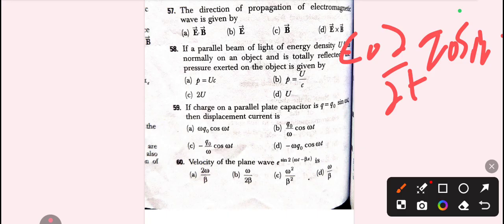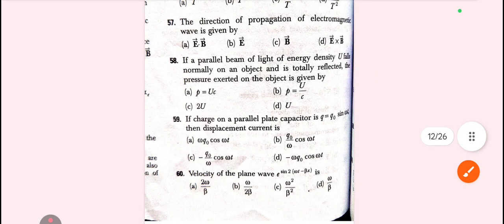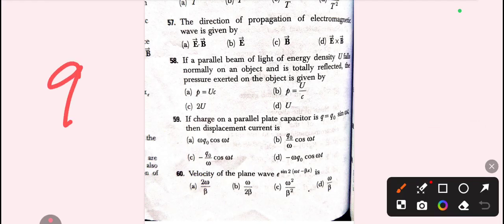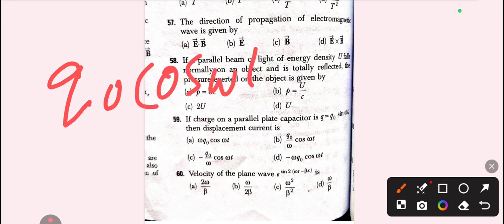Then 1 over epsilon naught cancels out. Then we have Q naught, and the derivative of sine omega t is cos omega t into omega. The right answer is omega Q naught cos of omega t. Right answer is A.